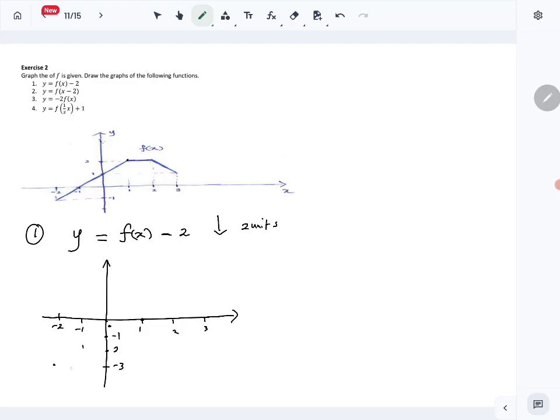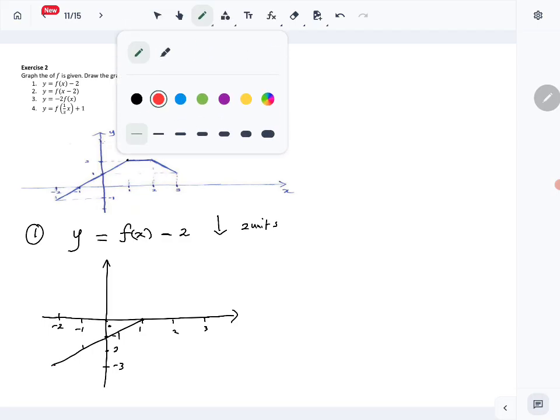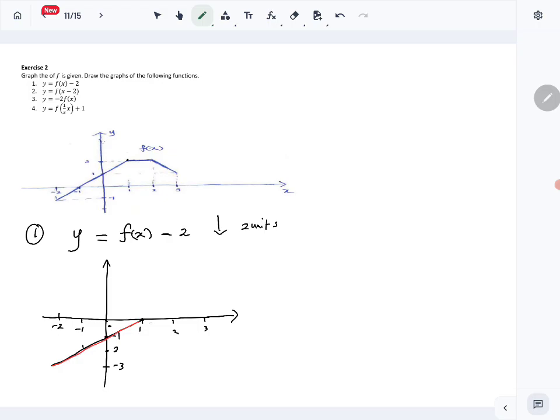So you have this shape, right? Let me draw it with a different color to make it clear, like that. Then 2 is also 0, no? Then that, and this 1 goes down by 2 units to minus 1, like that, right? So that is how you get f of x minus 2. Everything shifts down by 2 units, right?